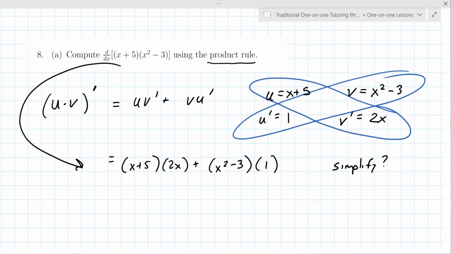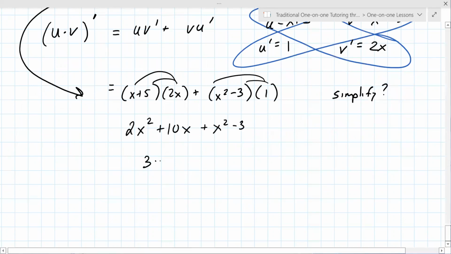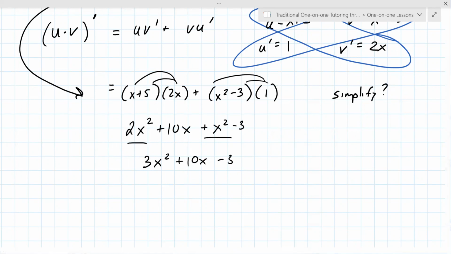Depending on the problem, you will want to distribute in. So you're going to combine like terms: 2x squared plus 10x, and then plus x squared minus 3. Obviously, they could be a little more sophisticated. For the really long ones, like 2x to the 4th minus 3x plus 5, and then at times a whole other thing, we left it at the without simplifying step.